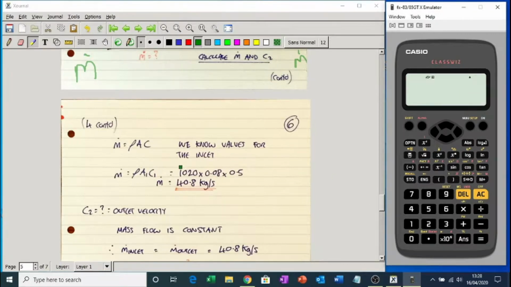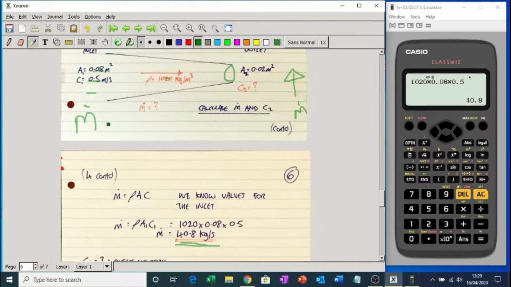That gives me 40.8 kilograms per second. So we've got 40.8 kilograms coming in there, which means we've also got 40.8 coming out by there. That's why the speed should go up, because you've got the same amount coming through but less space to fit it in. So it's got to get faster.